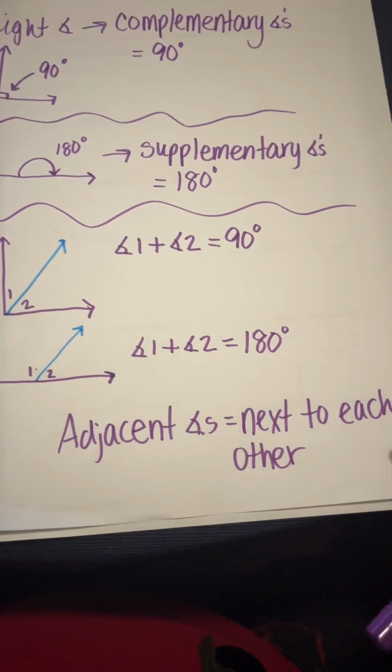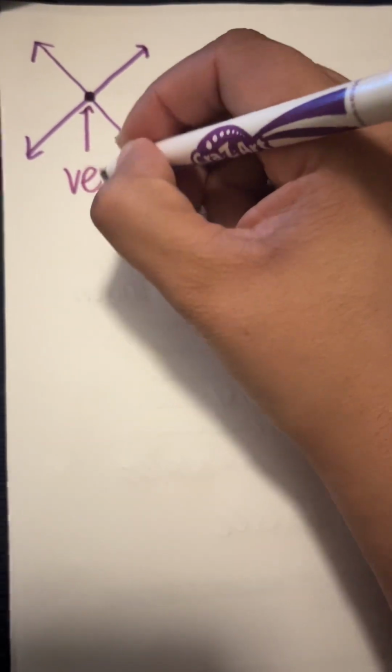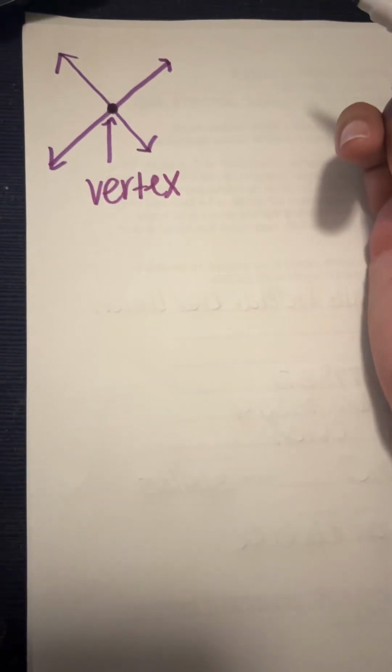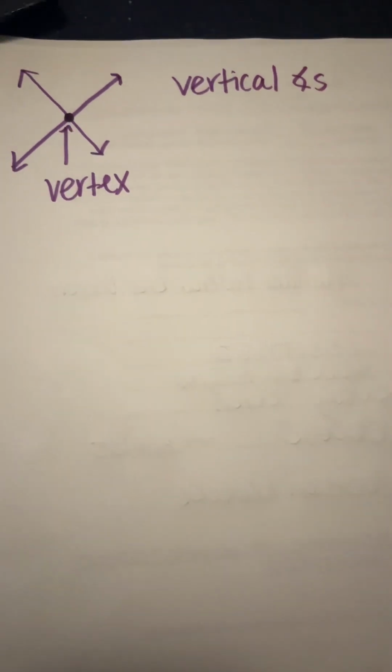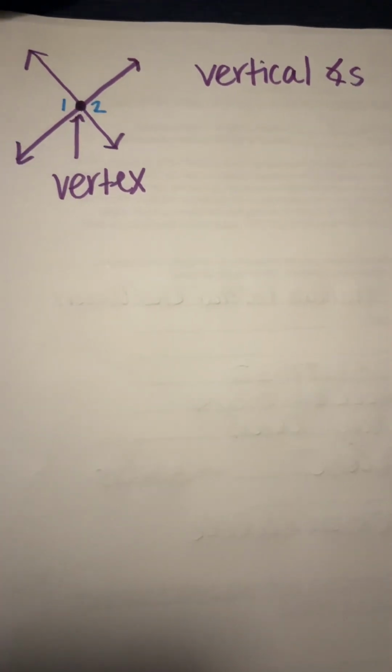Now, we also learned a new special type of angle, and we call those vertical angles. Vertical angles share a common point. We call that the vertex. So vertical angles are opposite angles to one another. For instance, angle 1 here and angle 2 are vertical angles.